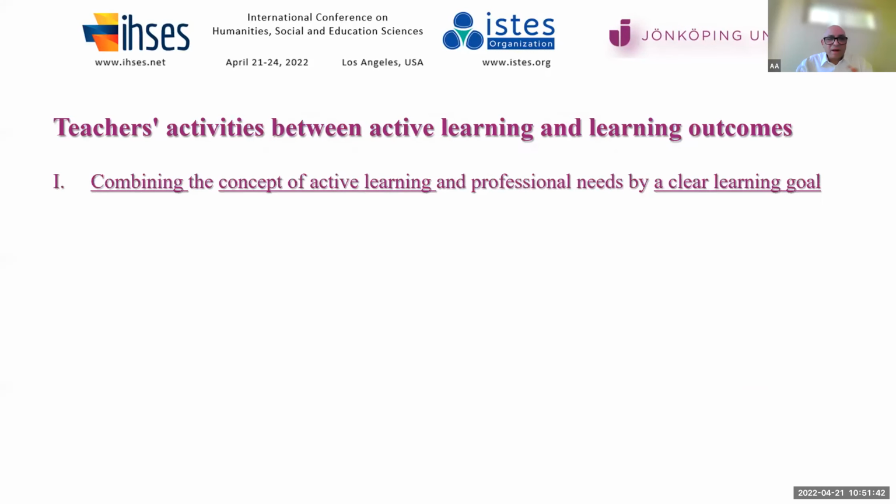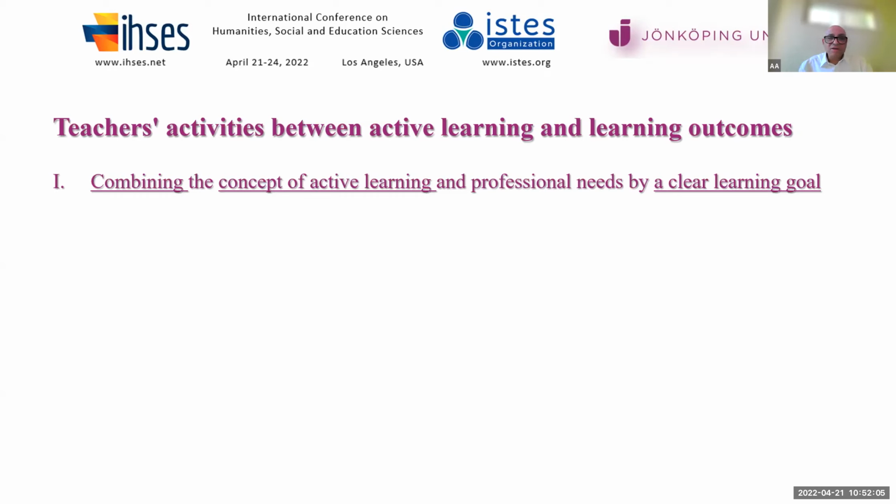Now, coming to teacher activities, we combine the concept of active learning, which relates to the activities between active learning and learning outcomes. We have learning activities that we work with, then we have the learning outcome, and after that we can get reflections from the students.